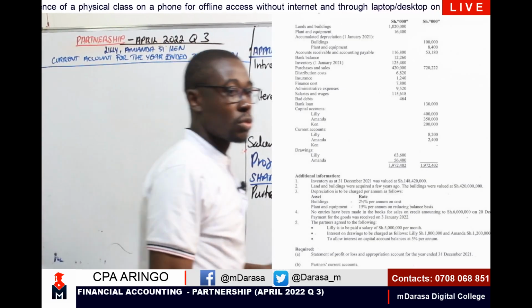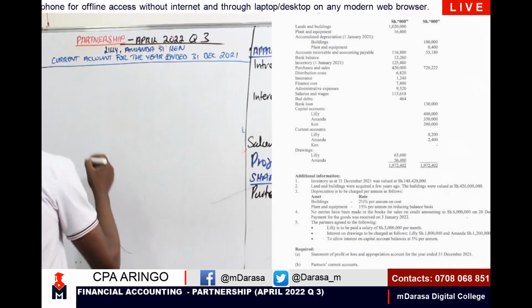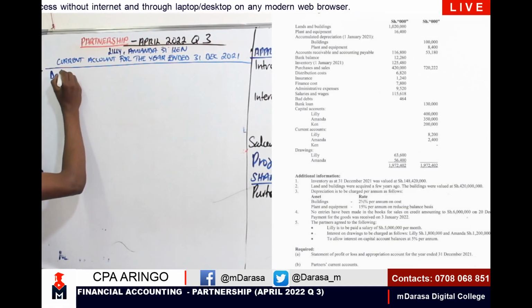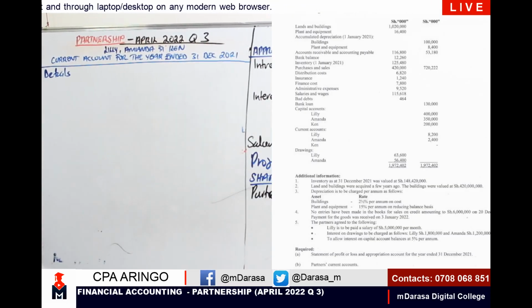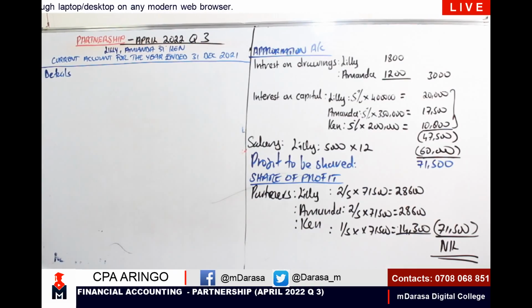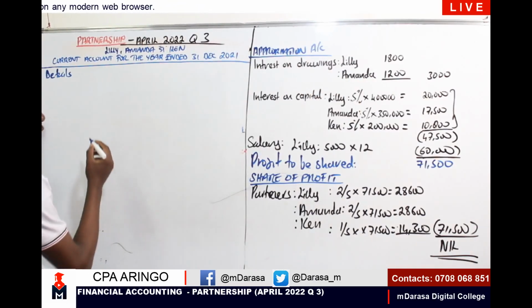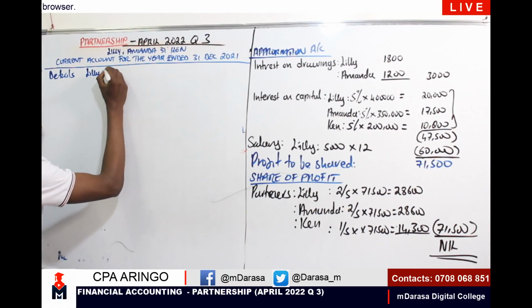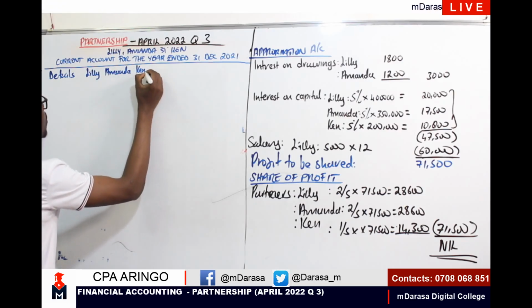Having our current account, we need to prepare it as it's supposed to be prepared. So, of course, I'll be having our details here. First of all, let me remove this question because we won't need it now. I'm having our individuals Lily, Amanda, and Ken.